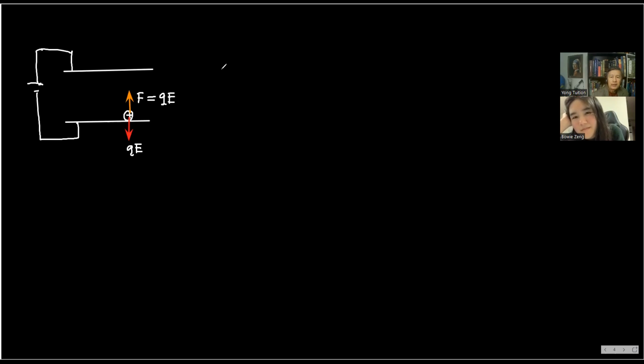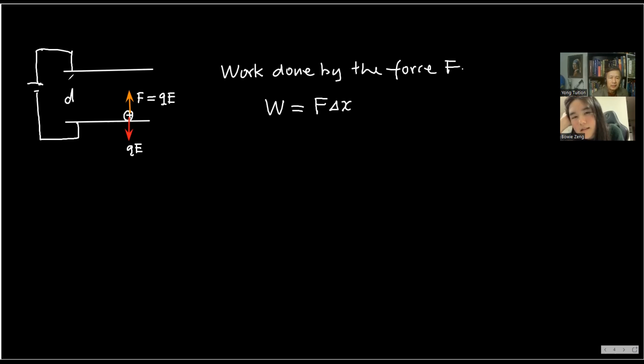So by definition, the work done by the force F is equal to the force multiplied by the distance, delta x. In our case, delta x is d. But how would it move if the resultant force is zero? Yep, that is a sort of experiment, because we're trying to work out the minimum amount of work done.